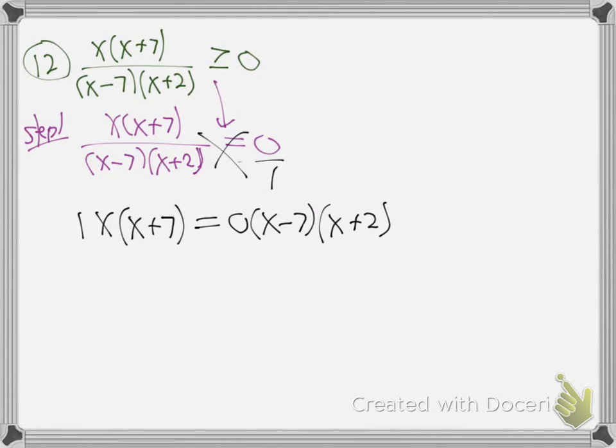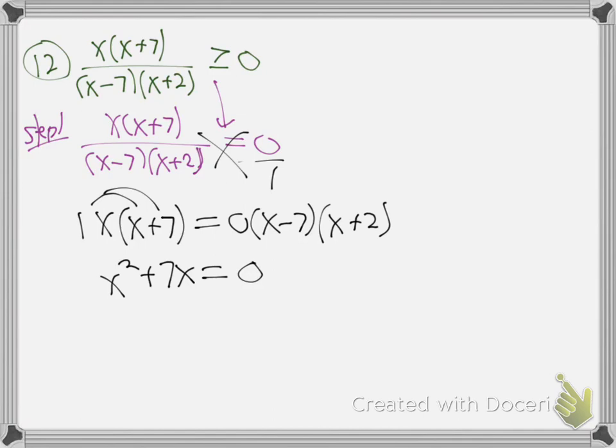Does that make sense? Like that. And now, on the left side, that 1x is going to go through there. What's that? X squared plus 7x. What's the right side? 0. 0 times anything is 0. That's all just a big 0.